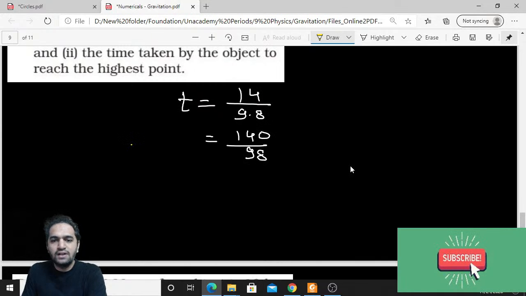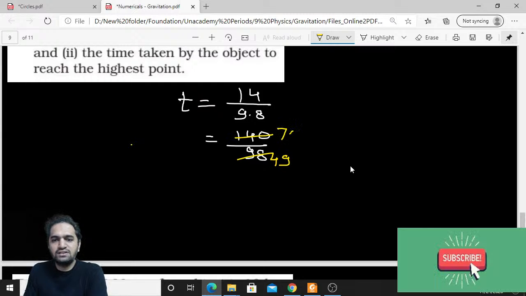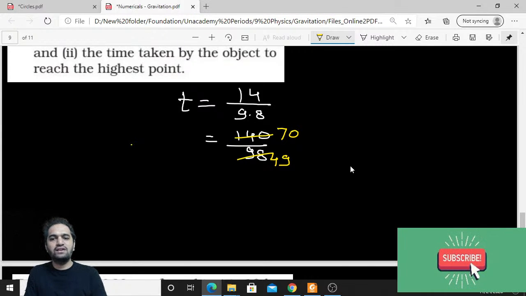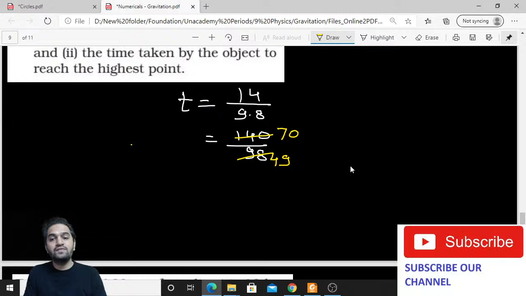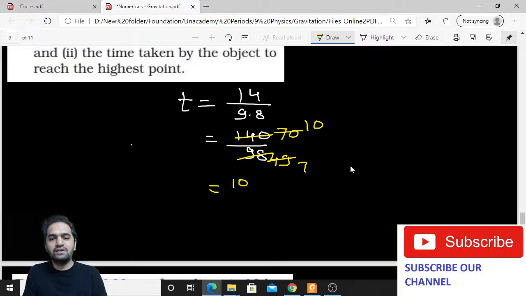We can divide it by 2. 2 4s are 8, 1 carry 18, 9 2s are 18, 2 7s are 14, so this has become 70 by 49. Can we divide it more? We can divide by 7 also, right? 7 7s are 49, 7 10s are 70. So that is basically 10 by 7.